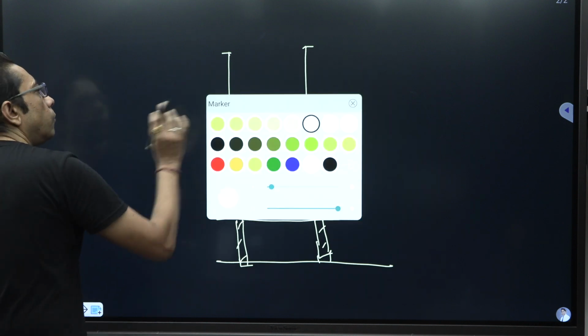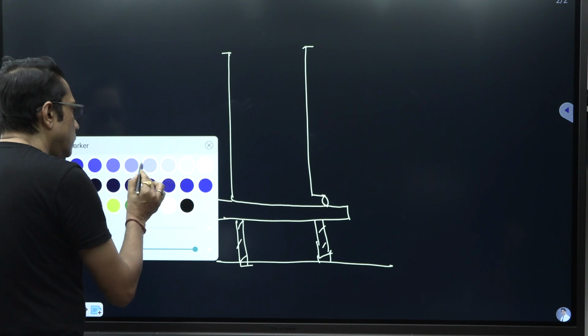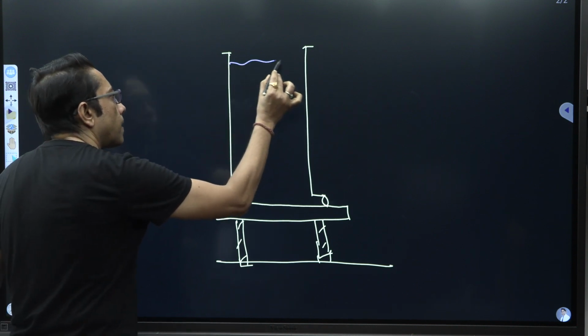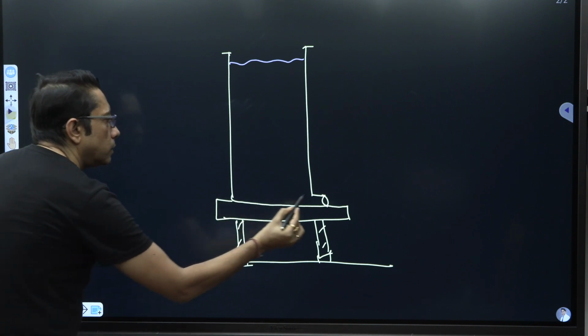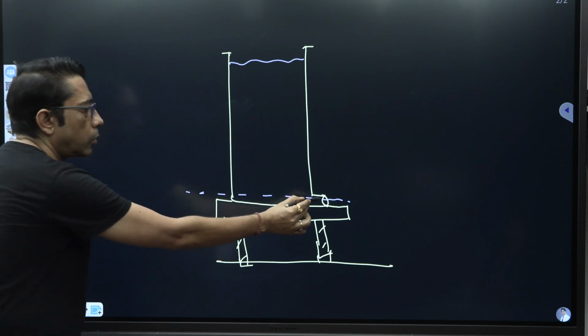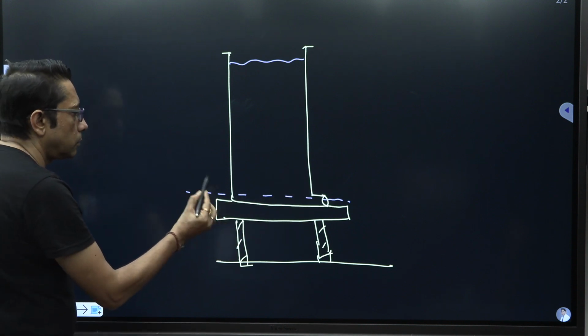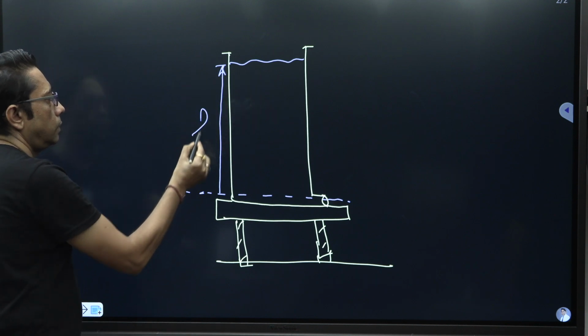Now, if we fill it with some liquid, blue color, this one, liquid. So, the height of the liquid from this hole made at the bottom is h.